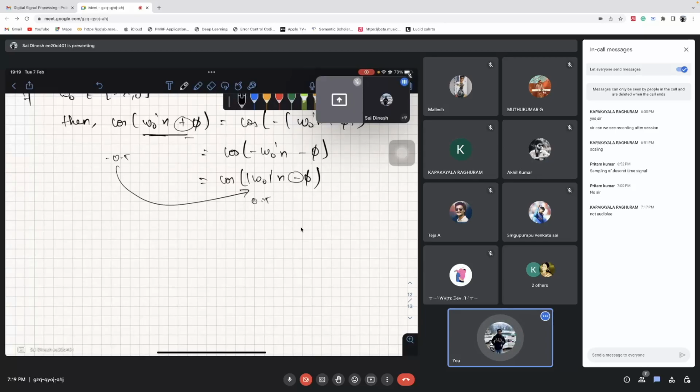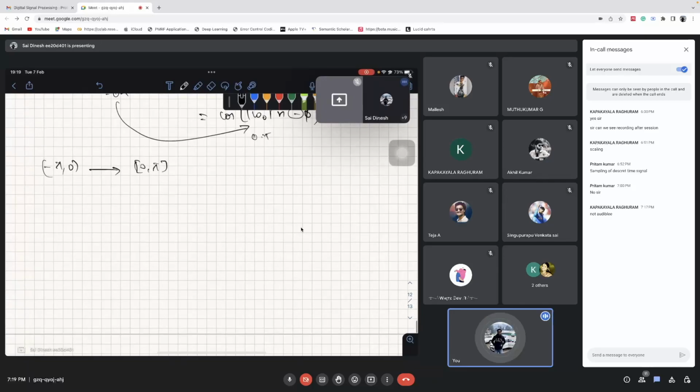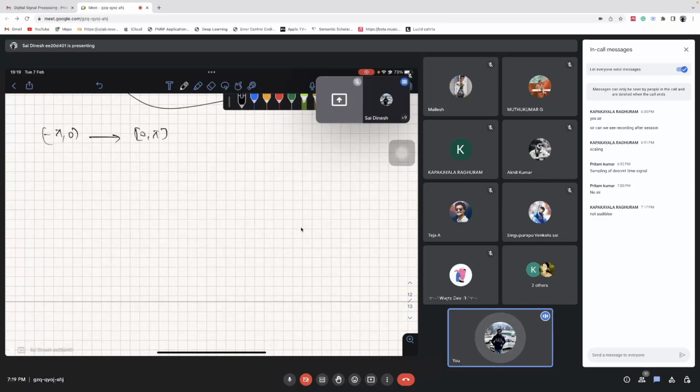That's it. So whatever frequency is in the range of minus pi to 0 can also be brought to 0 to pi. So what we first discussed is that any frequency in minus infinity to infinity can be brought to minus pi to pi. Now from minus pi to pi, we have seen that we can bring it back to 0 to pi only by simple arithmetic operations.